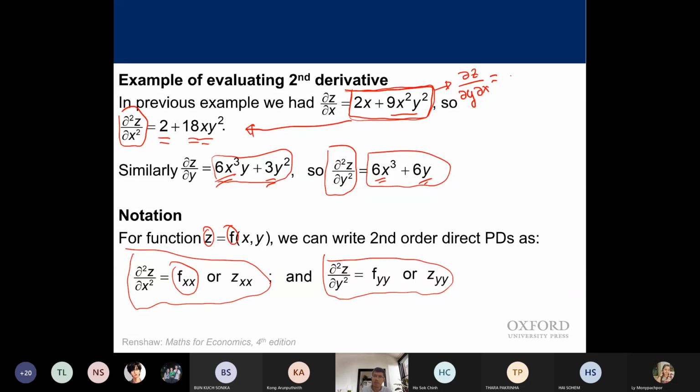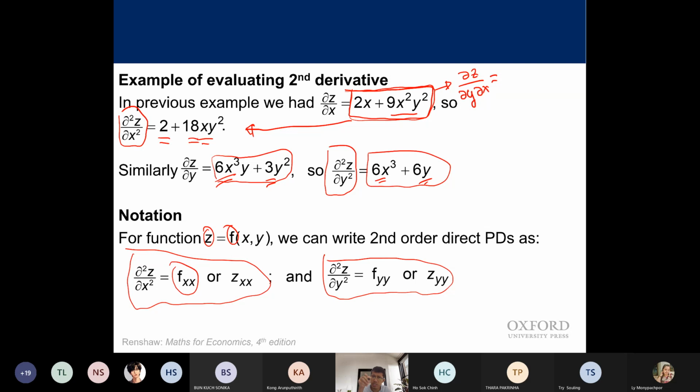So what is the value? 2x plus 9x squared y squared. Differentiate with respect to y.